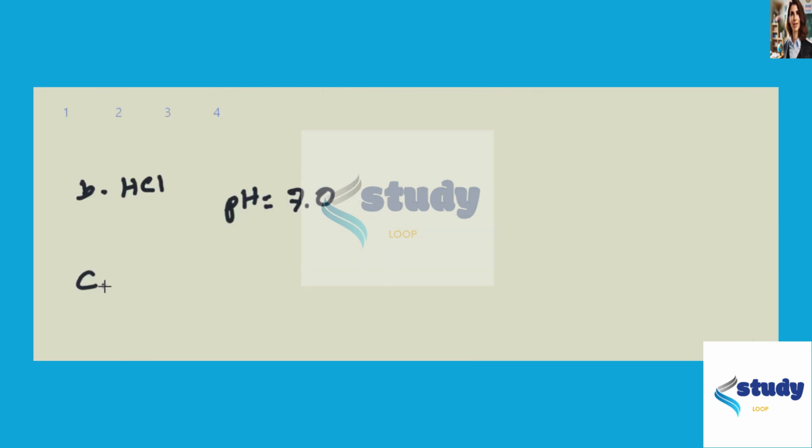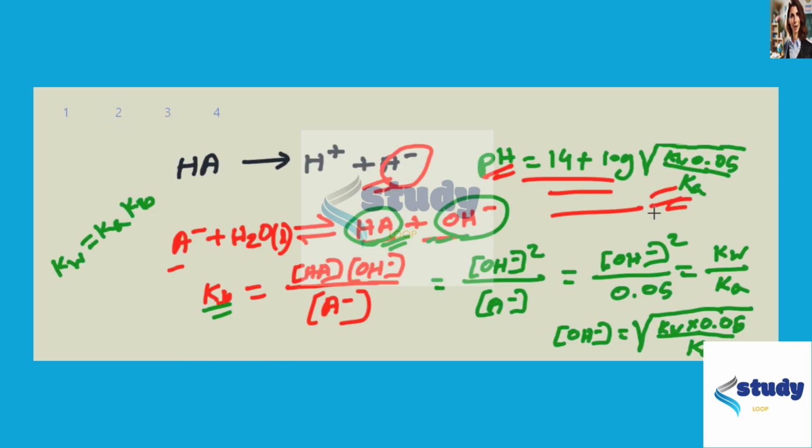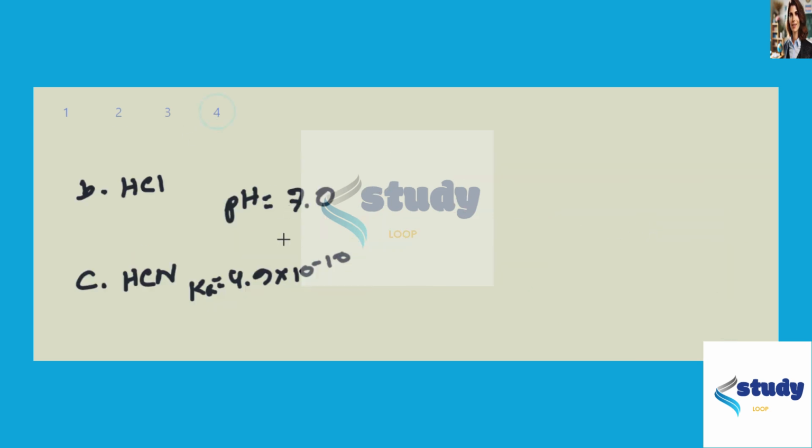Now for the third one, we have the acid HCN. The Ka value of HCN is 4.9 times 10 to the power minus 10. If we plug in this Ka value in this formula, we will see that the pH at the equivalence point will be around 11.